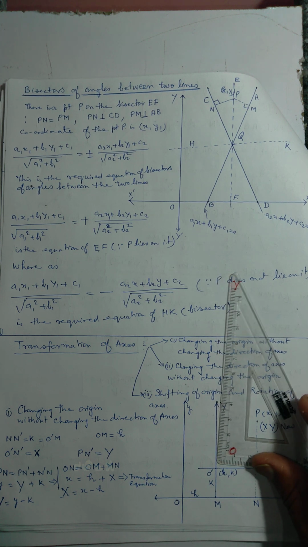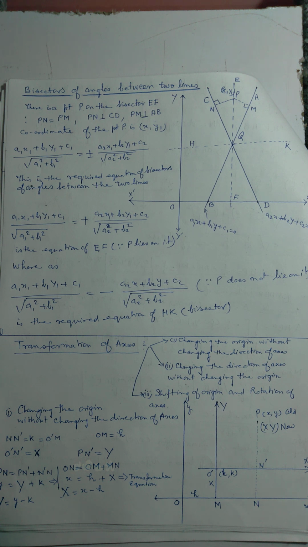So the point will remain as it is in the plane. We have to tell the coordinate of the point P with respect to the new position of origin, O dash, that is (h, k).